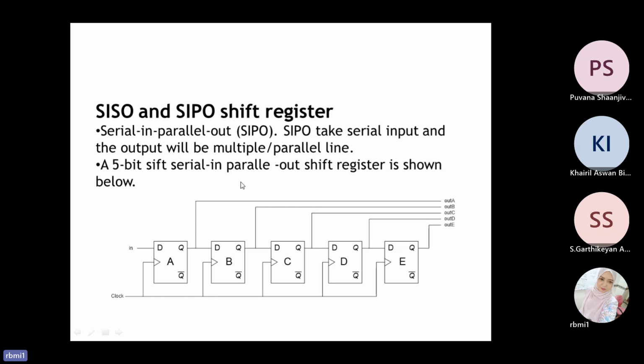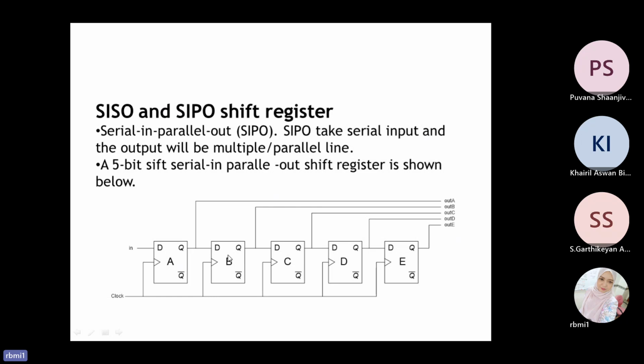Okay, in SIPO, serial in, parallel out mode, data is entered serially 1 bit at a time and then shifted out in parallel at all times. At all times meaning that it is simultaneously parallel out.